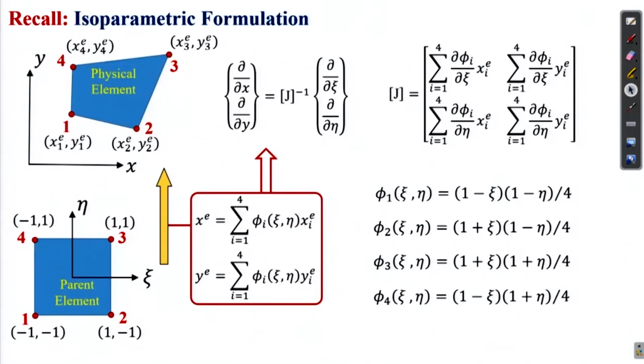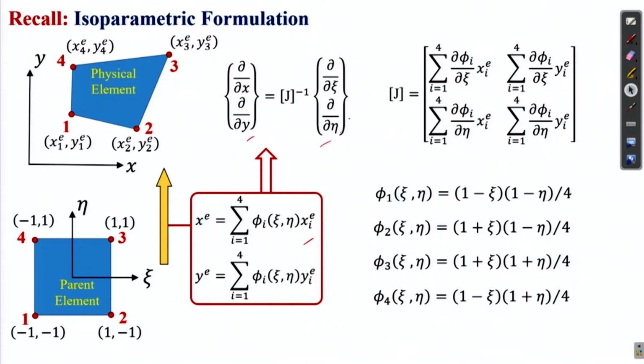And in isoparametric formulation, the concept is that the geometry and the field variables are approximated with the same shape function, and this is how the geometry is approximated. And similarly, this will give us how the derivatives are related, the derivative with respect to the physical domain and the derivative with respect to the local coordinate system.